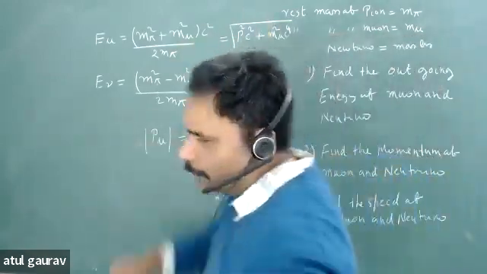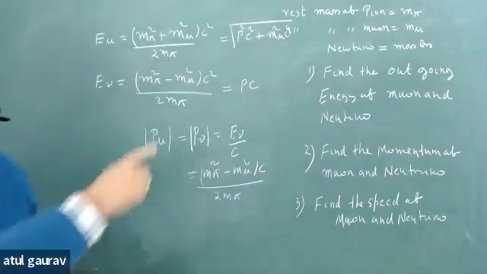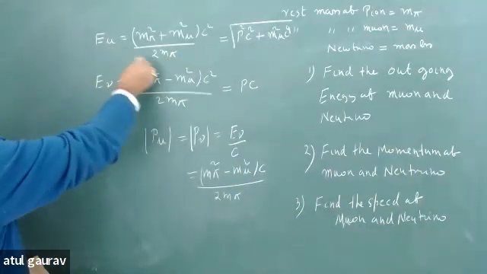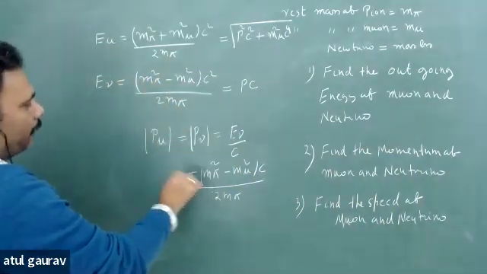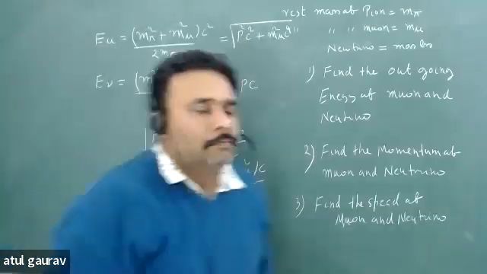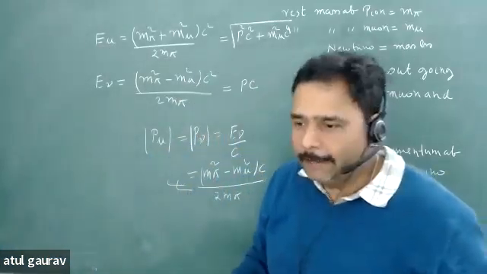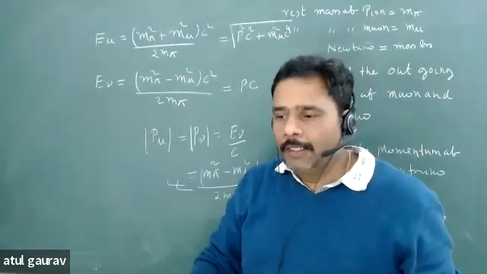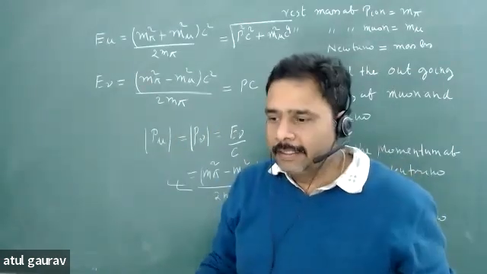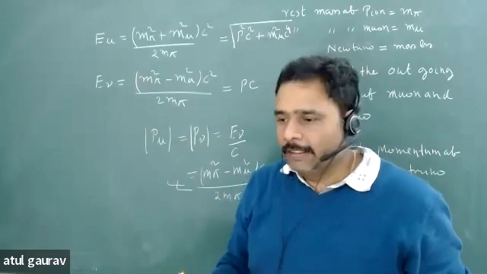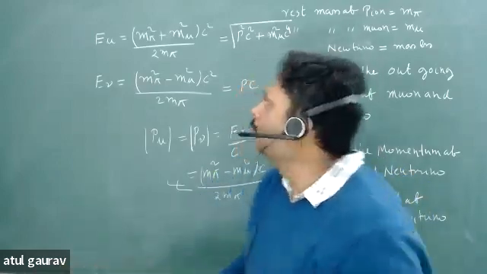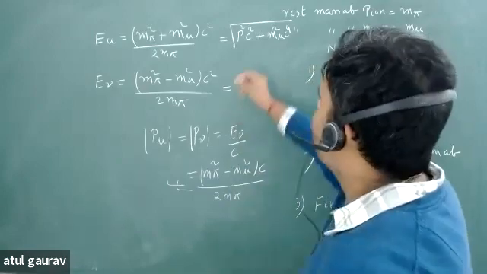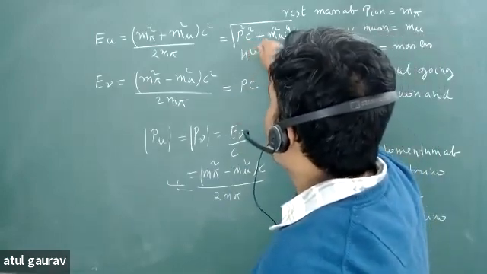I am giving you this as homework: do this exercise and you will find exactly the same value of momentum. The same value should come, right? Because the magnitude of momentum of both is exactly the same, so you always have to get the same value. Just use this calculation as your homework.